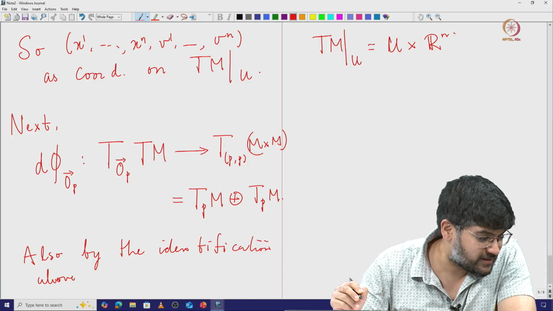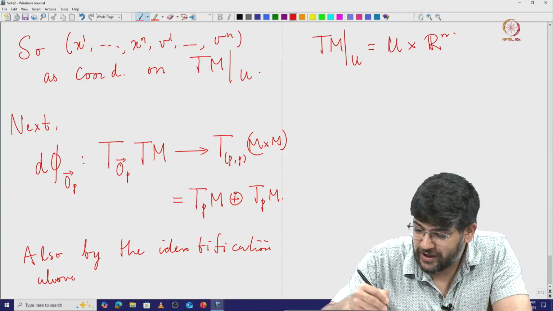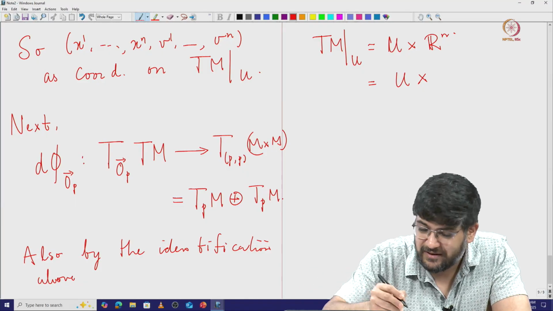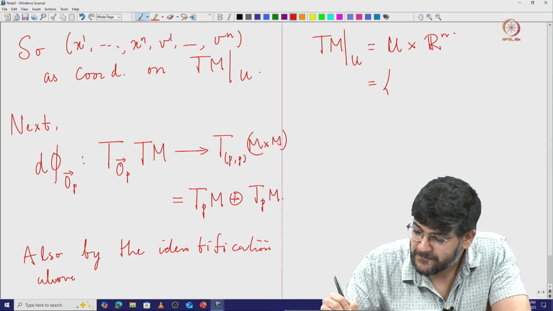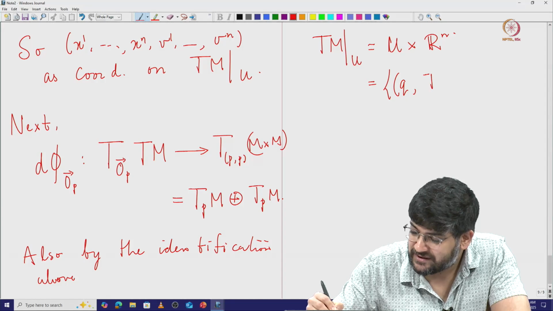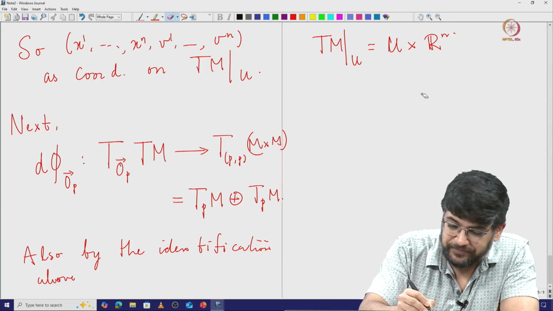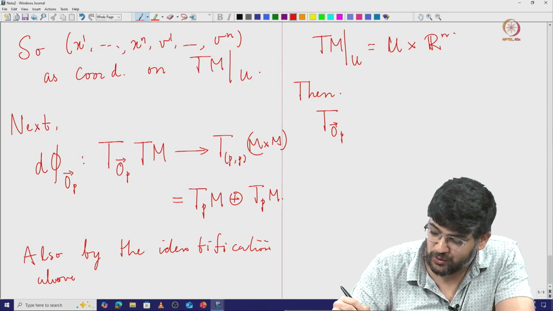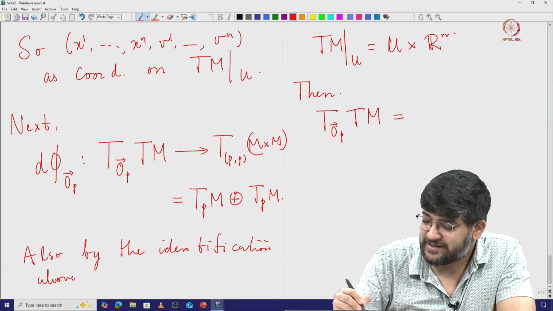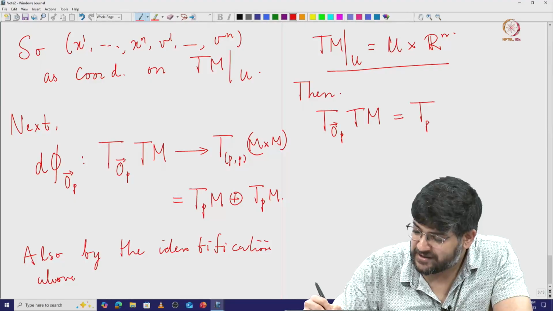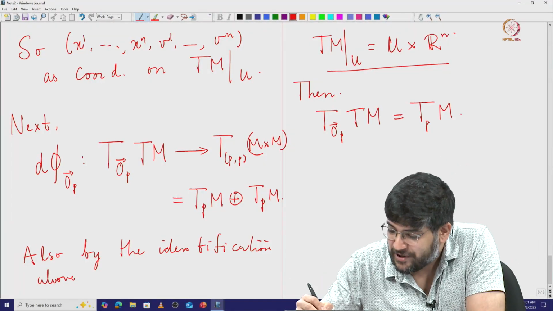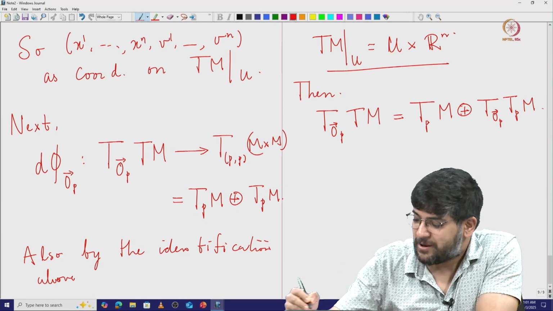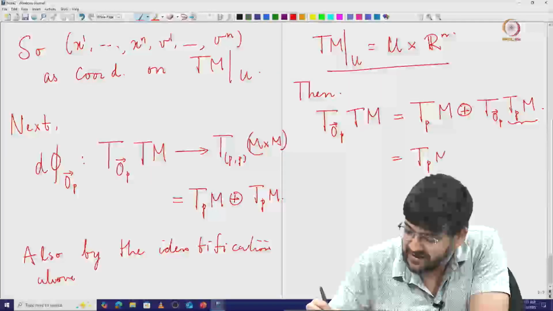So the point is that if you take the tangent space at 0_p of the tangent bundle, by this identification you can now identify this as the tangent space at p to M, direct sum the tangent space at 0_p to the tangent space at p to M. But because this is a linear vector space, you can also identify this as just this.